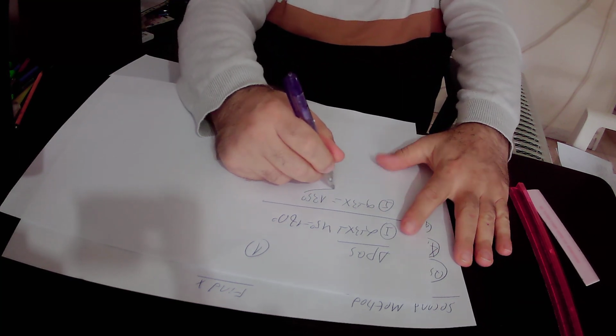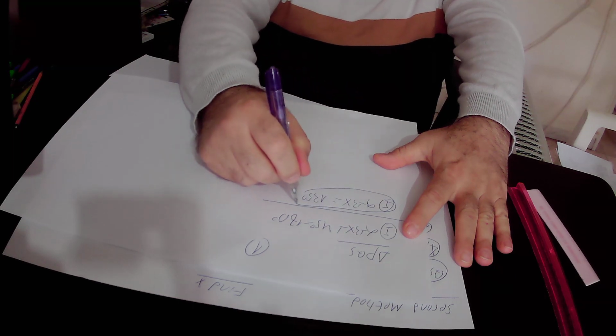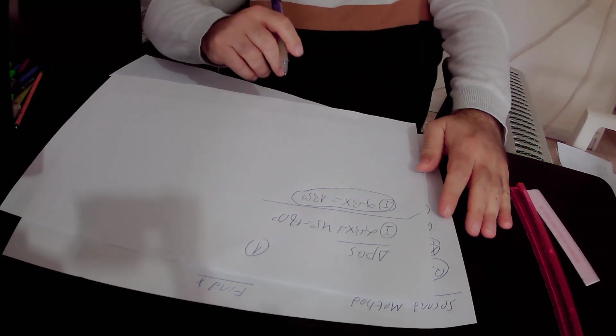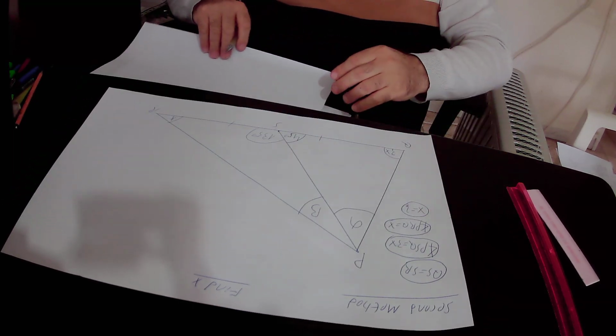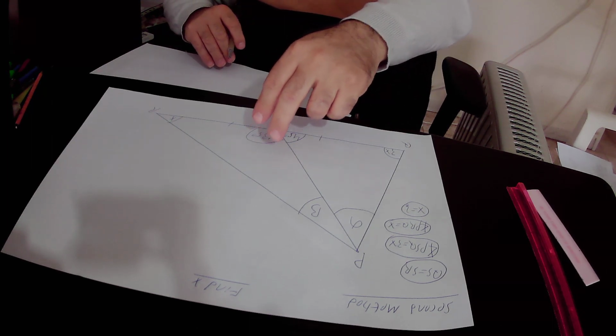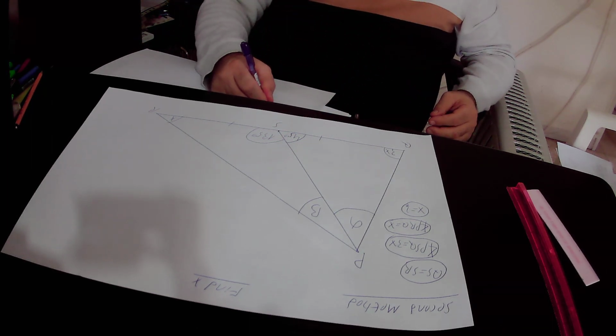So we found out that according to equation number 1, alpha plus 3x equals 135 degrees. Likewise, in triangle PSR, the sum of the angles must be equal to 180 degrees.